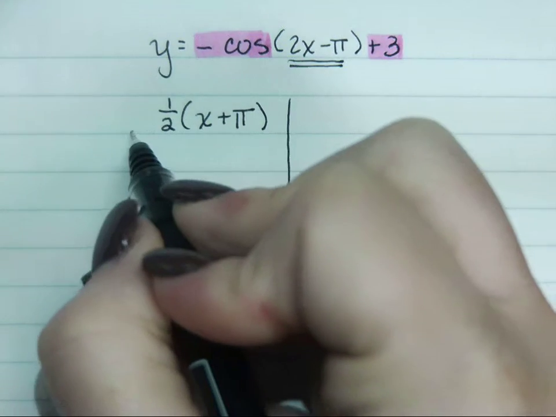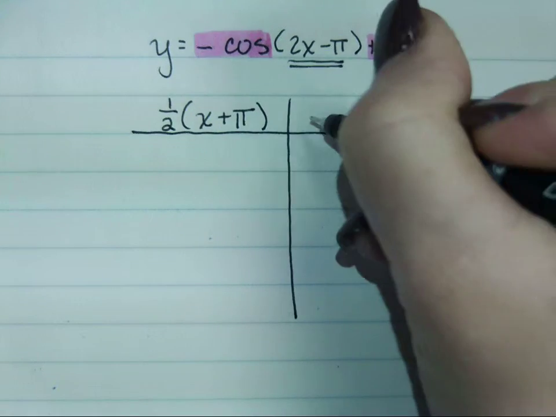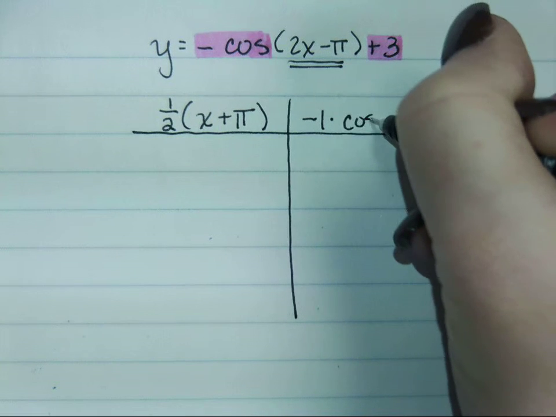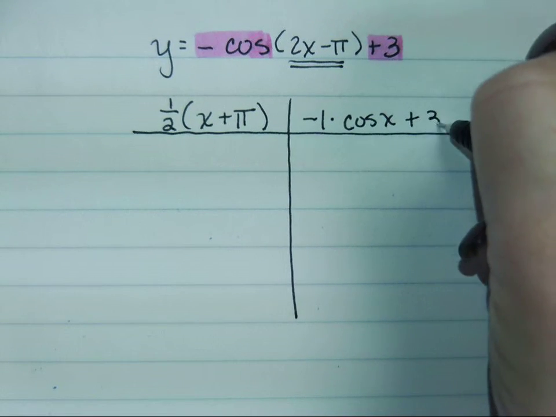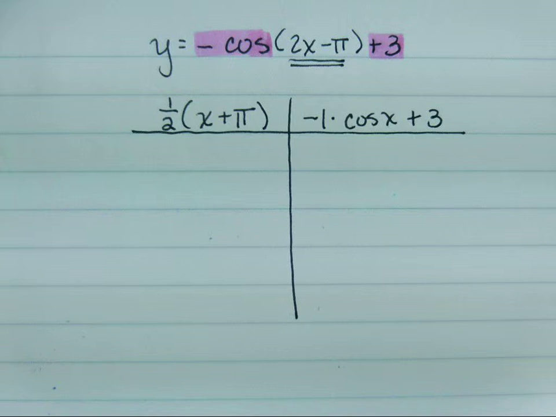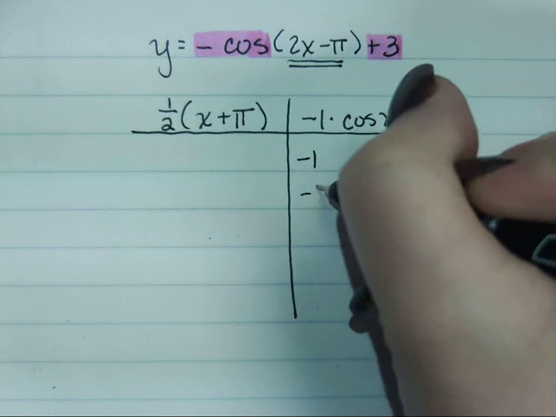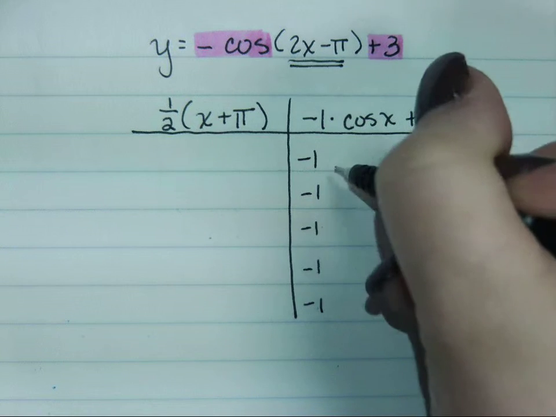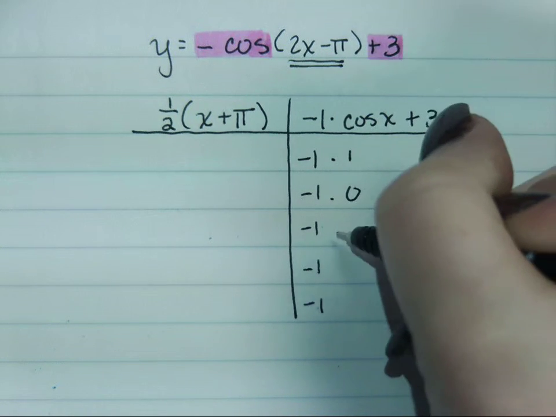And then to my cosine values, I'm going to need to multiply a -1 times all of my cosine values and then add 3. And so it doesn't matter which side we work on first. I'm probably going to work on the right-hand side first because I think that's going to be easier.